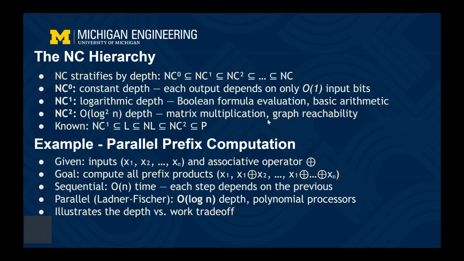This is a template for a huge class of parallel algorithms. Whenever you have an associative operation applied sequentially, you can often parallelize it with a binary tree structure. It also illustrates the work-depth trade-off. The parallel version does more total work than the sequential one, but it finishes much faster. Next slide, please.